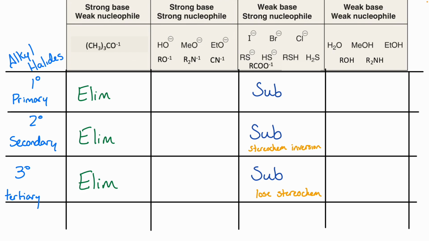All right. We had talked about weak nucleophiles in particular before, and there was only one type of alkyl halide that can react with these weak nucleophiles, and that was the tertiary alkyl halides. So we're not going to see any reaction between primary and secondary in this category.